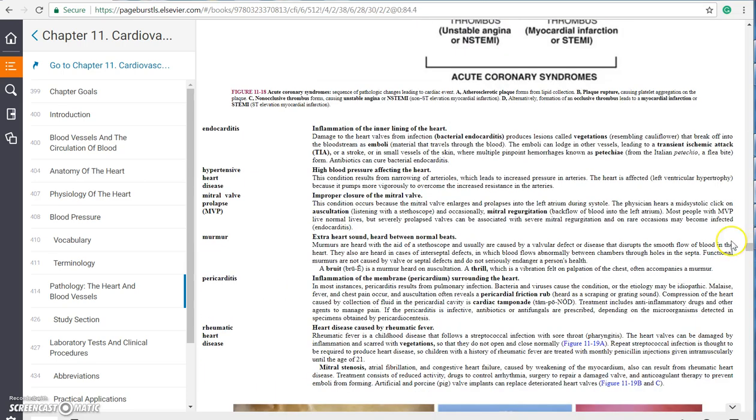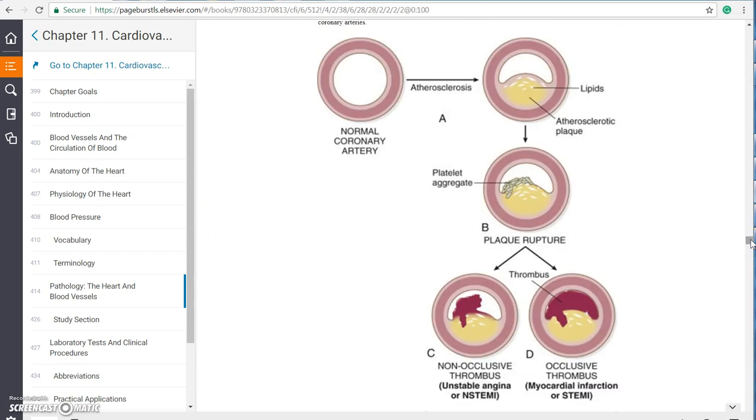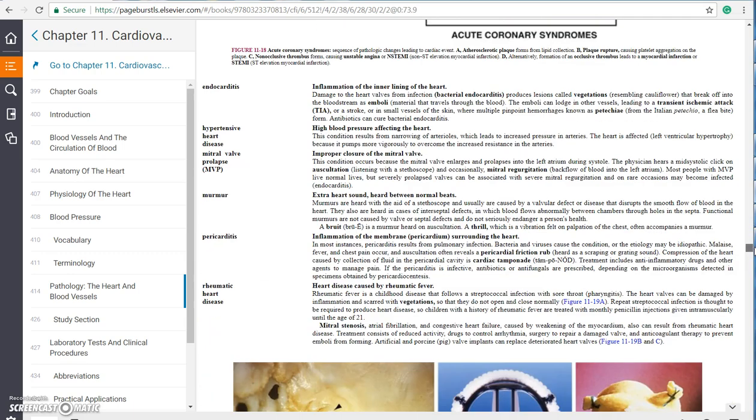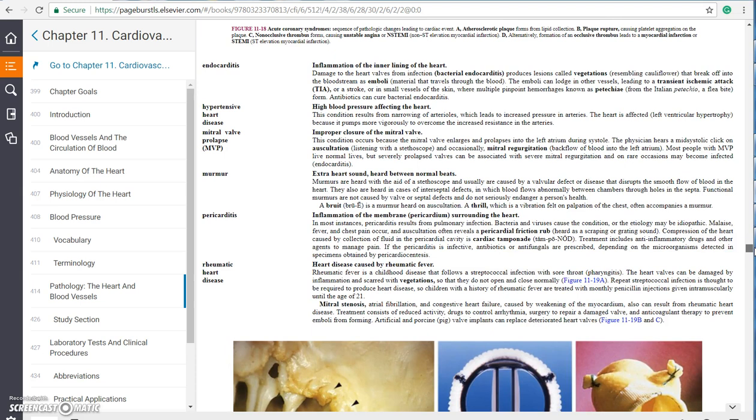Endocarditis is typically inflammation of the inner layer of the heart. Hypertensive heart disease is when somebody has high blood pressure that is impacting the heart's function. Mitral valve prolapse, or MVP, is when the mitral valve is not closing at the proper pace and with the proper restriction.